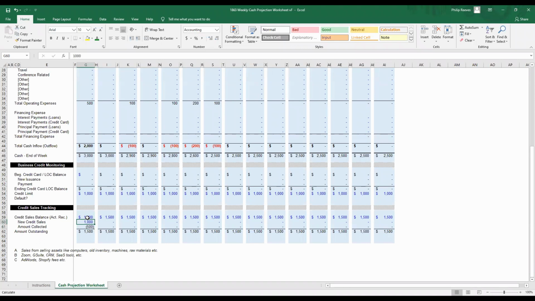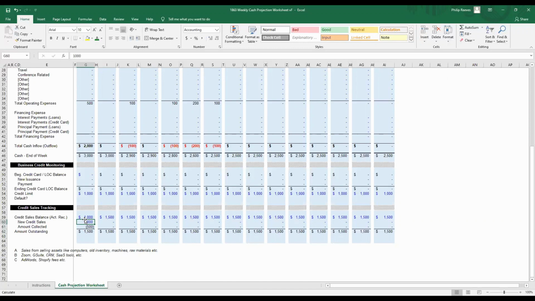New credit sales is where we're saying we're also going to bill someone $1,000 that week. So we billed someone $1,000 this week, and they owe us $1,000, but we did not collect it. That's the important thing. Because we did not collect it, we have to track it here. We had $1,000 of invoices due to us, and then we issued another $1,000.